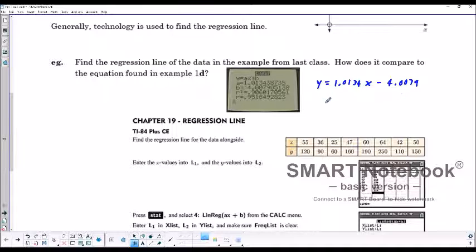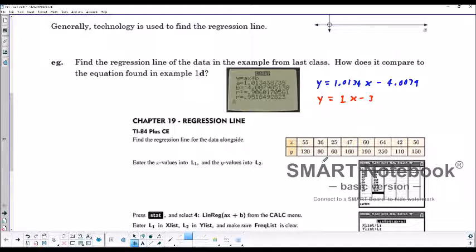So yesterday, in the last class, our equation was 1x minus 3. So not bad, considering the calculator is giving us 1.0134 and a vertical intercept of -4. So we weren't that far off.